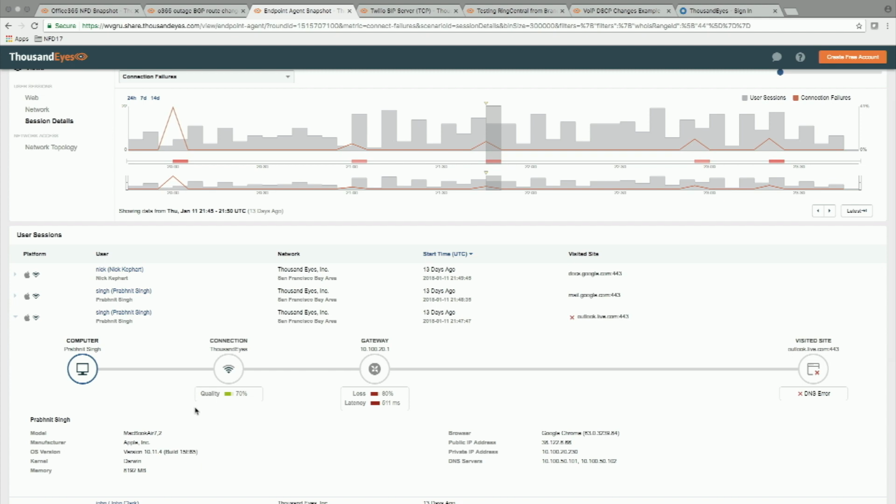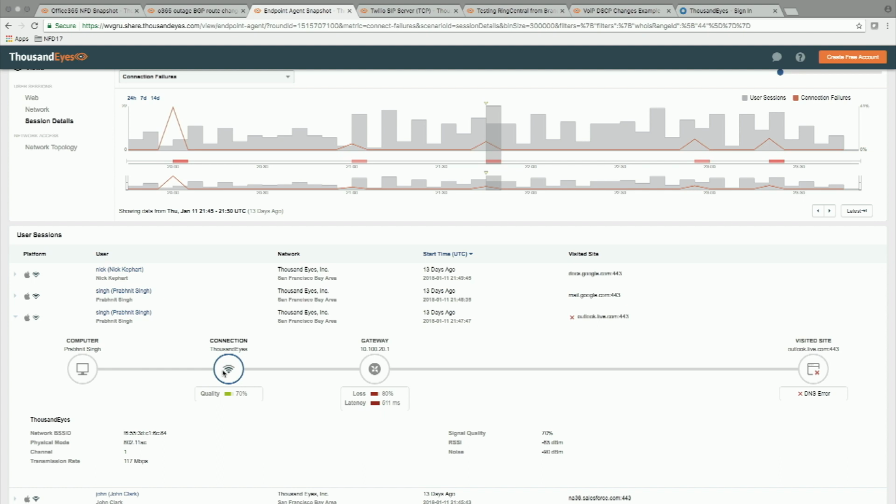This is actually a user session that you could see from this point in time during the day when he was on the network. Here's some of his information about his actual device here. He's using Google Chrome on a MacBook Air. He's accessing this through our Wi-Fi environment. There's our SSID. You can even see the base station he's connected to.